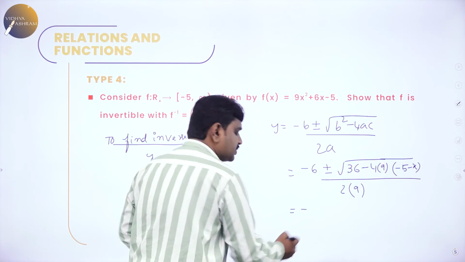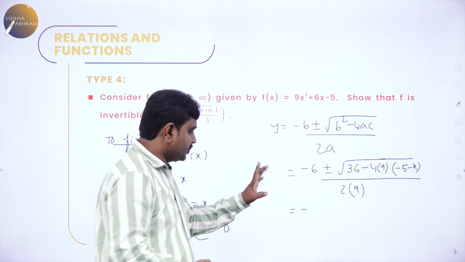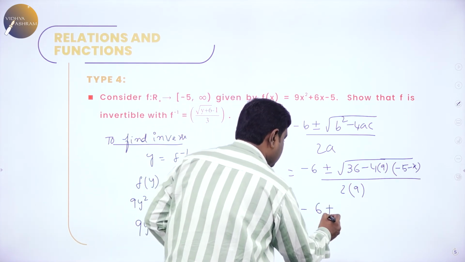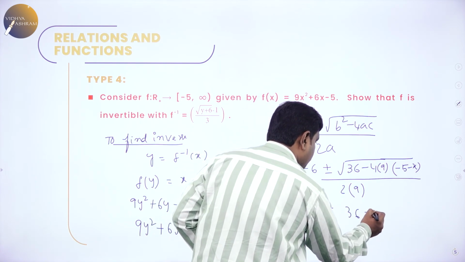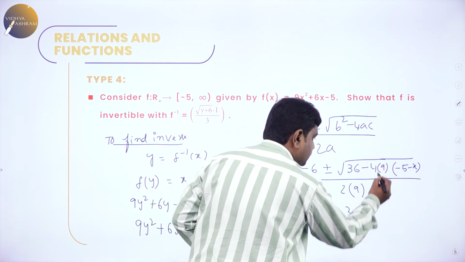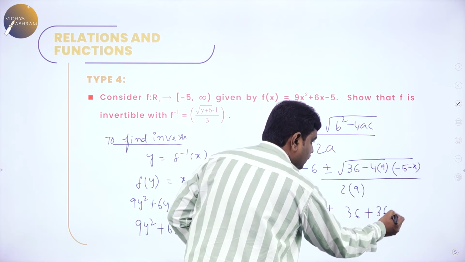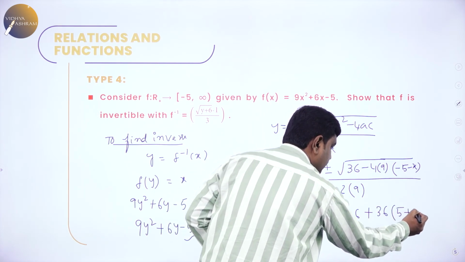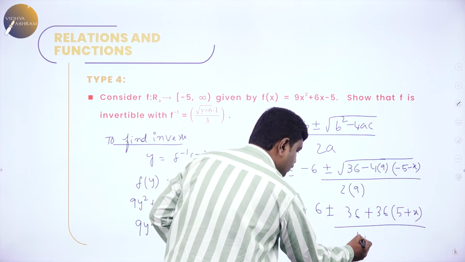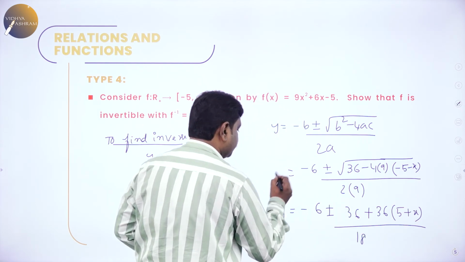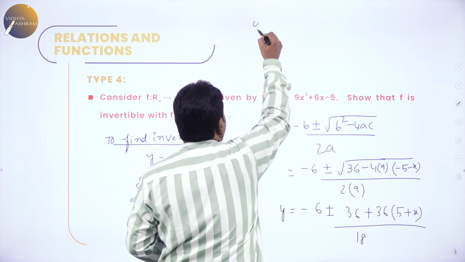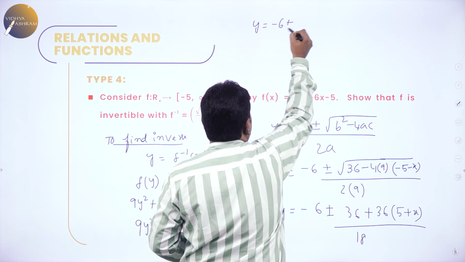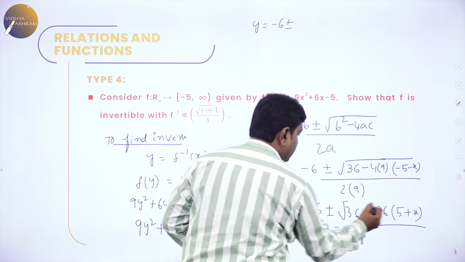Simplify this. So simplification we have done in onto. Same thing, minus 6 plus or minus root of 36 minus, you take common, it will become plus, 9 4s are 36 into 5 plus x, divided by 9 2s are 18. This is y. Now further simplification, y is equal to minus 6 plus or minus, this is under root.